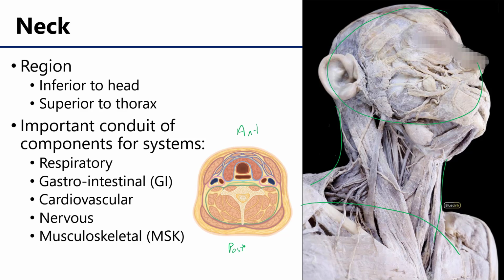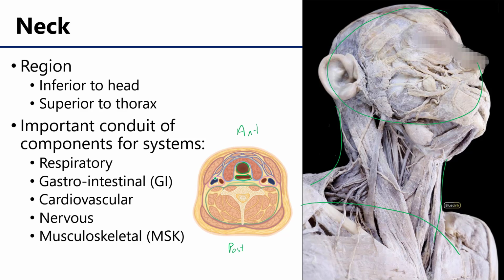In particular, there are portions of the respiratory tract, such as the larynx and trachea, and portions of the pharynx which traverse the neck. There are portions of the gastrointestinal tract or the alimentary canal, namely the esophagus and pharynx, which traverse the neck.